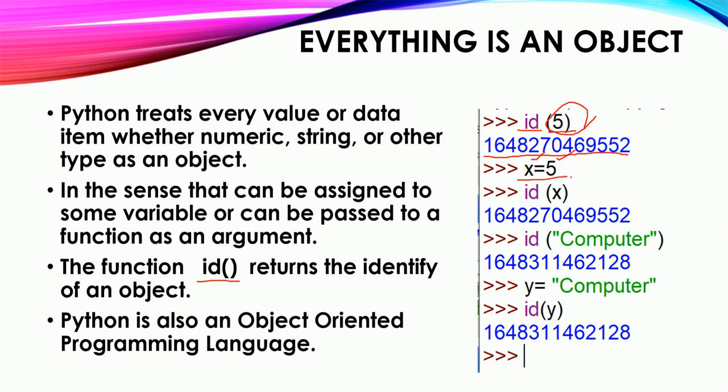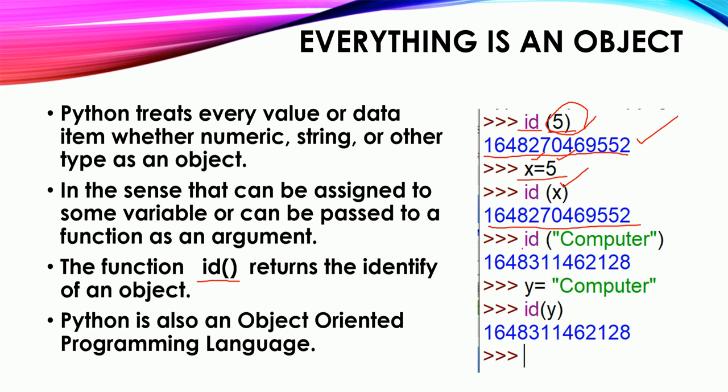If I print x, we'll get 5. And I check the identification of x. As x contains 5, the identification is the same. For 5 and x, both identifications are the same.